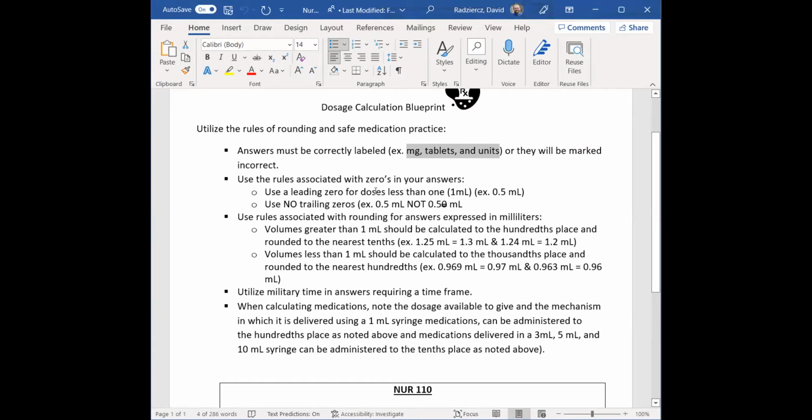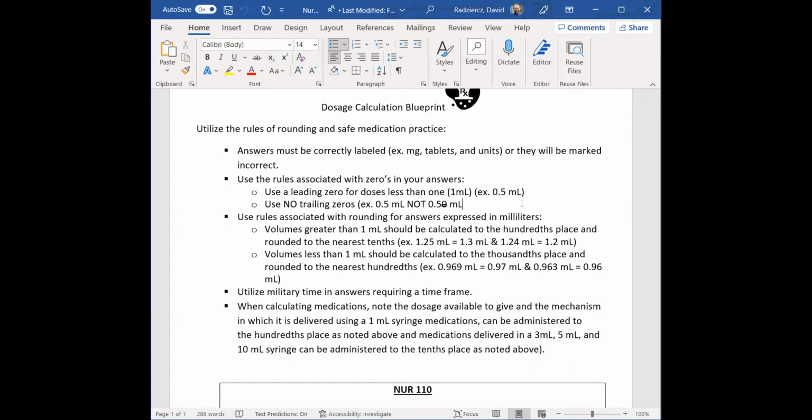So if I have 0.5 milliliters or 0.5 milligrams, you would write that as 0.5, or 0.25, or 0.32, and it could be milligrams or milliliters. Make sure you have a 0 if it's a number less than 1.